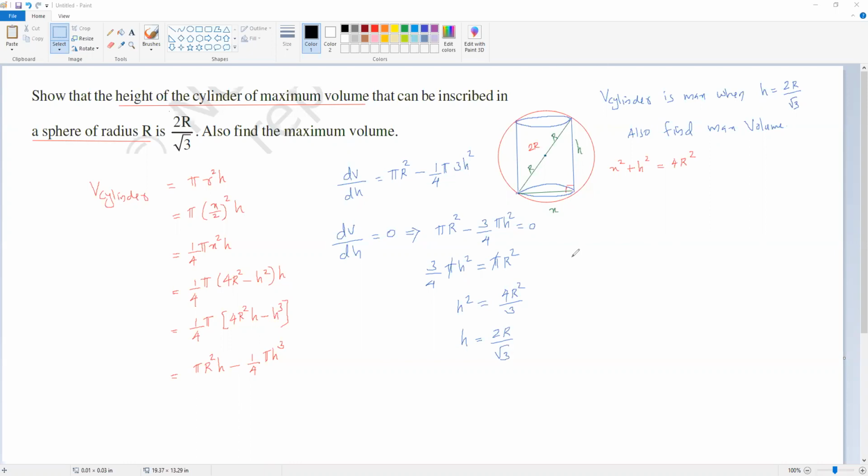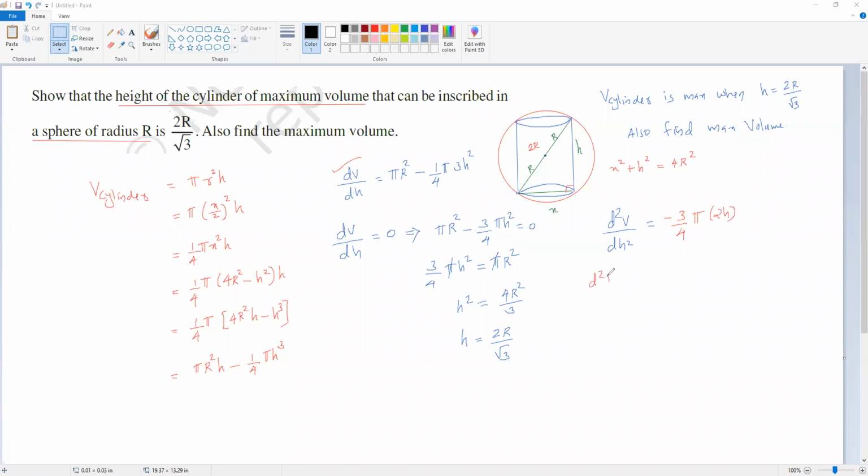Now you have to find the second derivative, d square v by dh square. Taking dv by dh, pi r square derivative is 0, minus 3 by 4 pi constant, h square का derivative 2h.